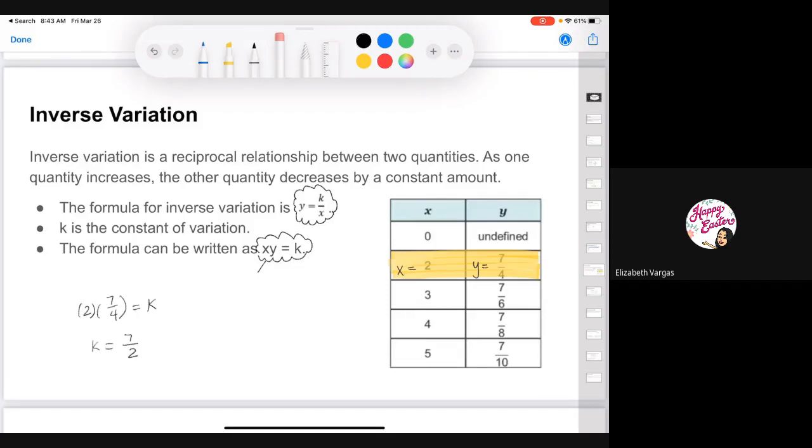So either way I want to go about solving it, that's how I can find my K. All right, any questions about this? So basically you're just plugging in these different values into the inverse variation function, whichever one you want. And then by doing that, you're able to solve for K.